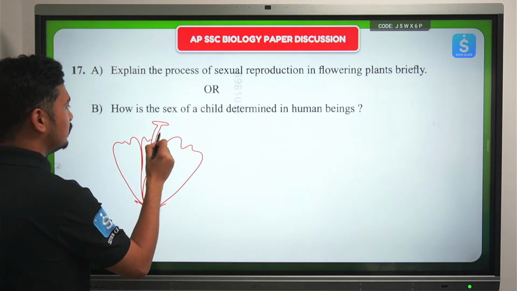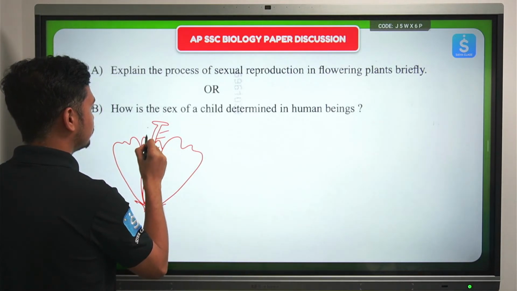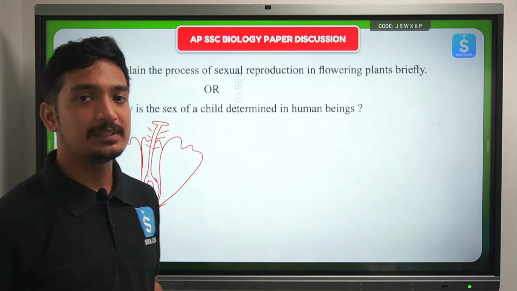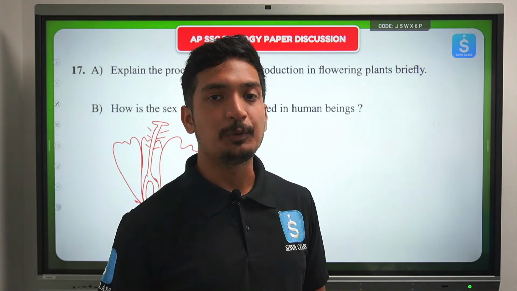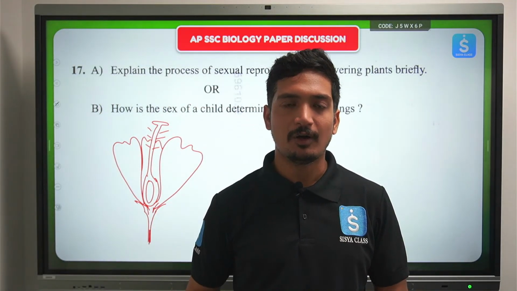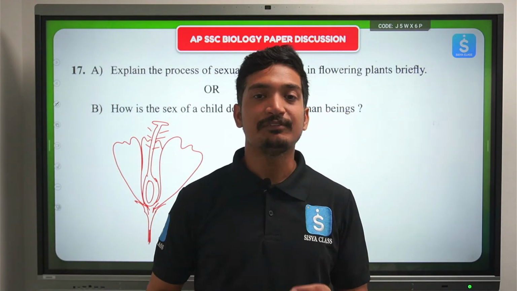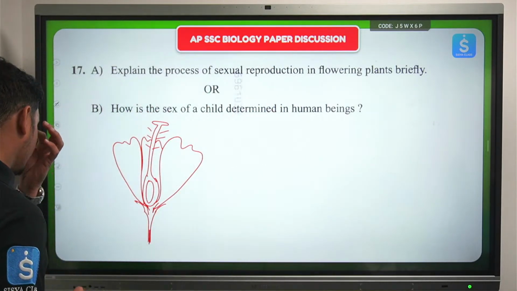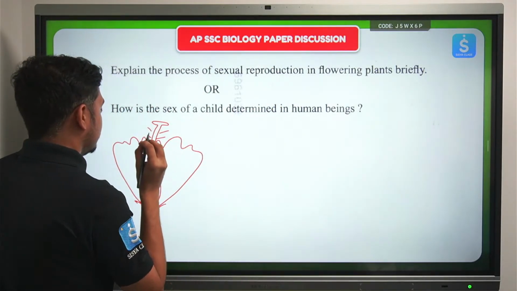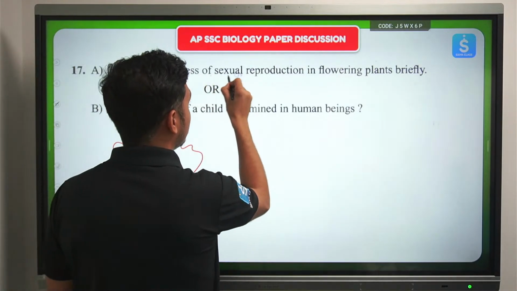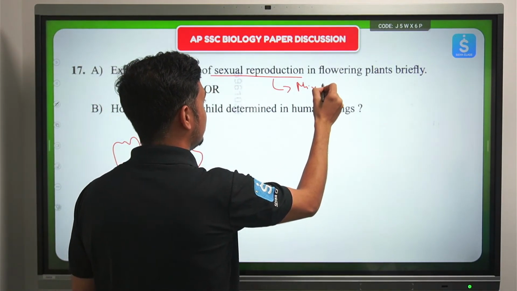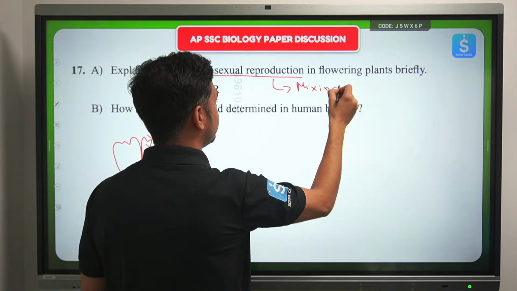And then here you will see androecium, and basically this entire thing is the gynoecium. Androecium is considered as the male reproductive part of the flower, and gynoecium is the female reproductive part. Now if you see over here, when we talk about sexual reproduction, it is actually mixing of gametes, isn't it? Right, mixing of gametes.